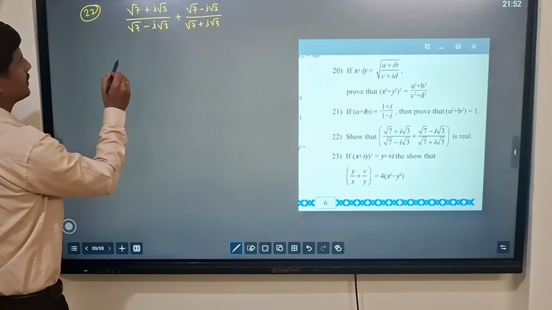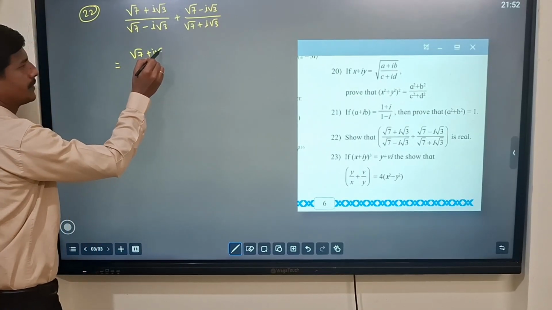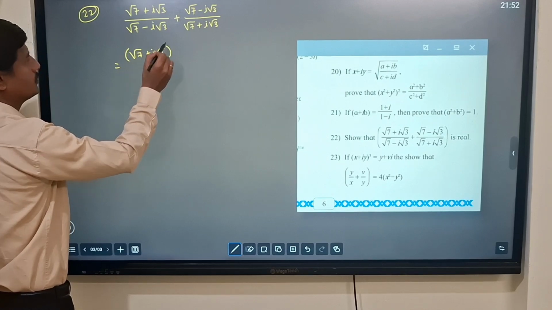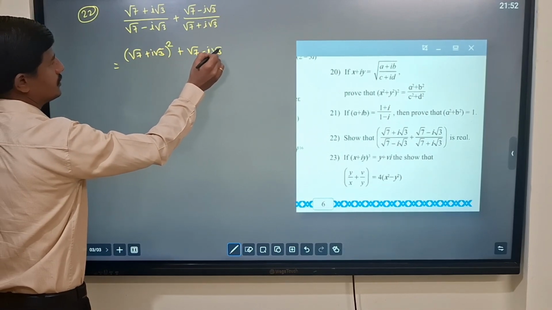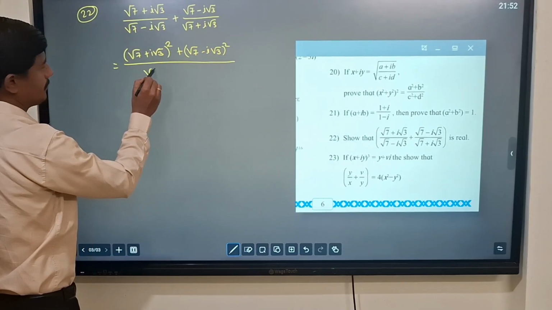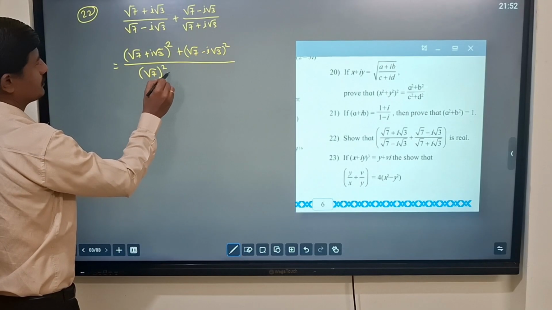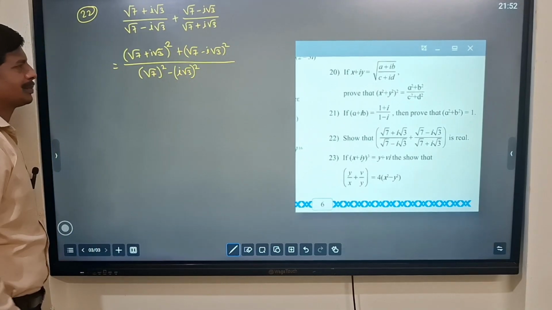So we will cross multiply this. These are the same terms. So this becomes root 7 plus i root 3 whole square plus root 7 minus i root 3 whole square, upon root 7 whole square minus i root 3 whole square.